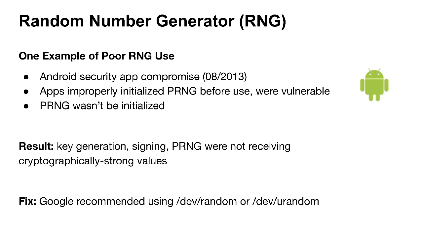And so as a result, essentially all the applications in that category, including things for key generation, signing, etc., weren't receiving strong random entropy values, and as such, the higher level algorithms were vulnerable. And so Google's fix was to recommend seeding your PRNG with /dev/random or /dev/urandom on Android devices. And I believe they fixed that as a default later on.